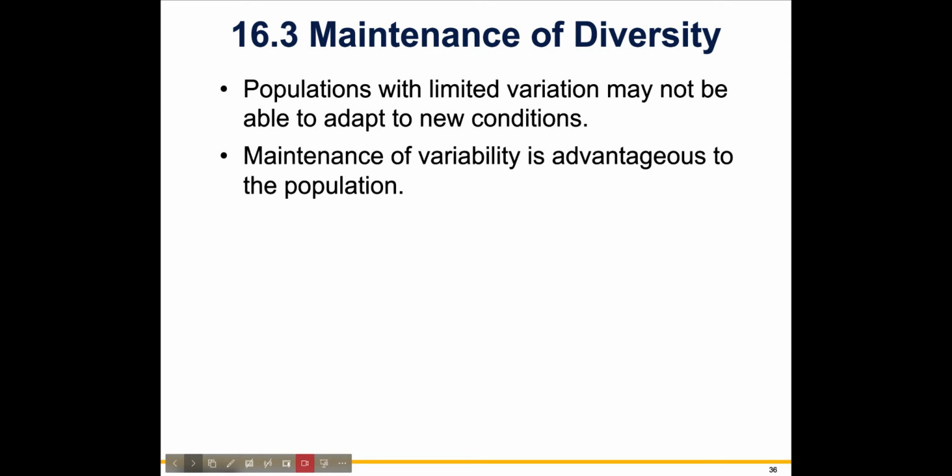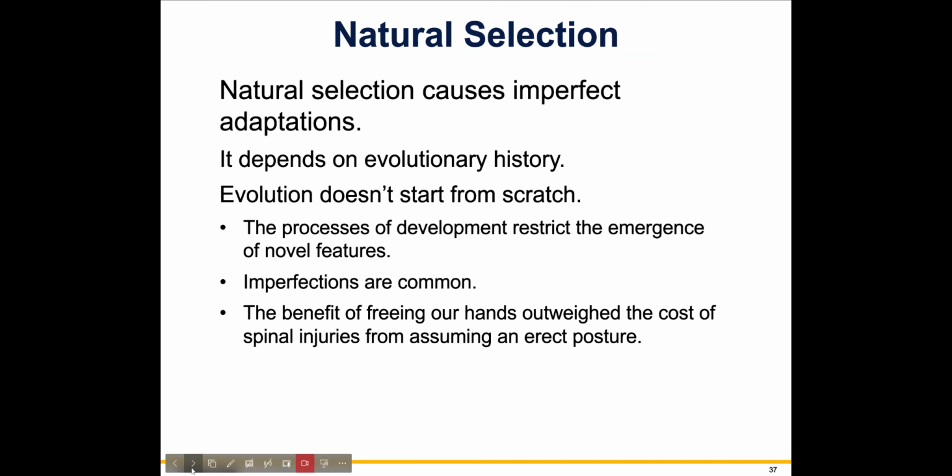They could do nothing or even be harmful. So it is an advantage to maintain diversity, to keep that variation and not push all of our population towards one phenotype or genotype. And so we want to see how that is possible.